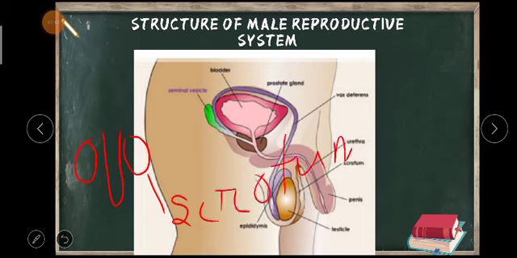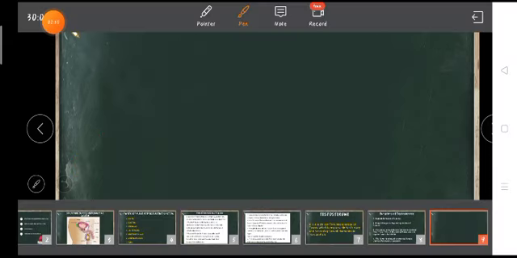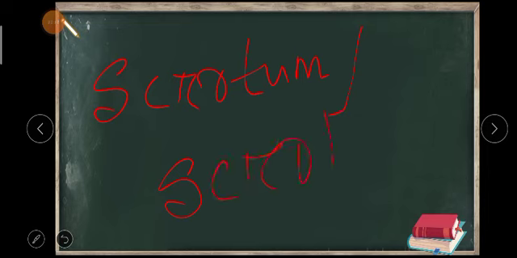Inside the scrotum or scrotal sacs your testes are present.